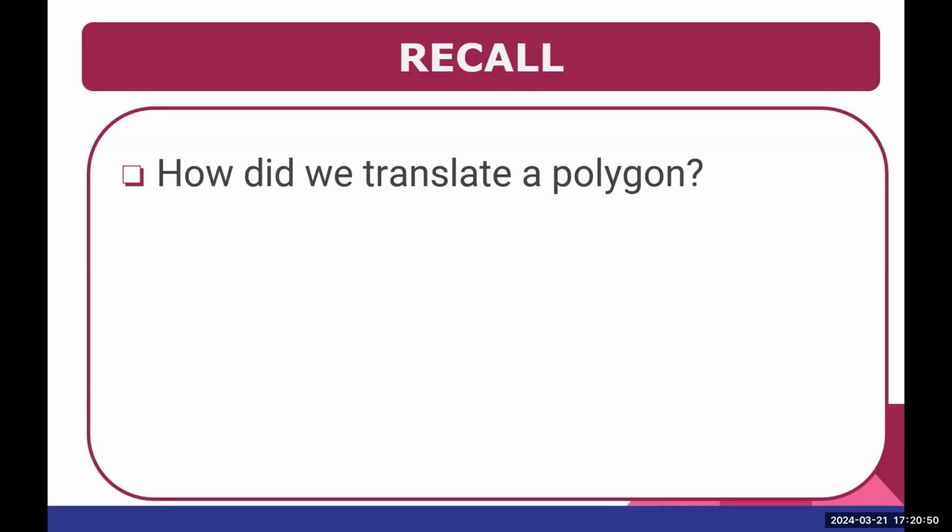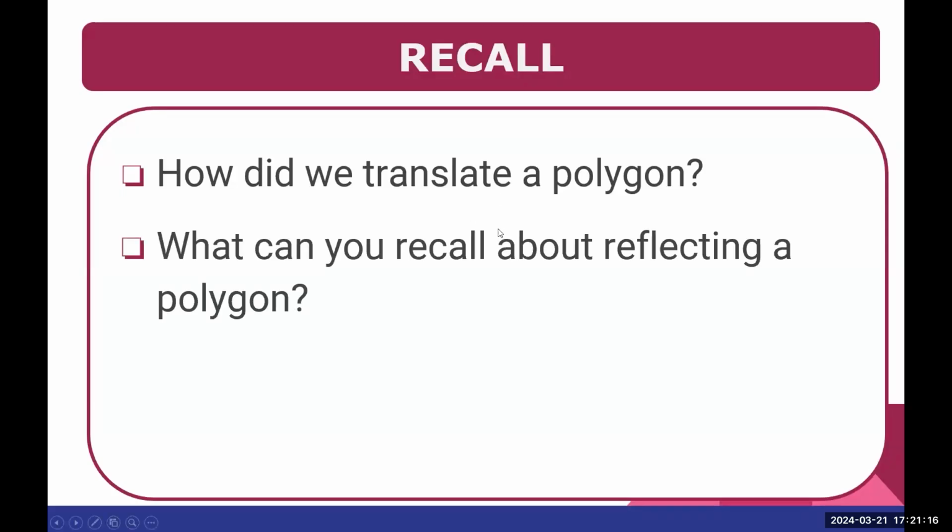So I can agree that we use a translation vector to move a given plane. So someone else said by sliding the object, yes, we definitely slide the points across the Cartesian plane using the translation vector. So what can we recall about reflecting a polygon?